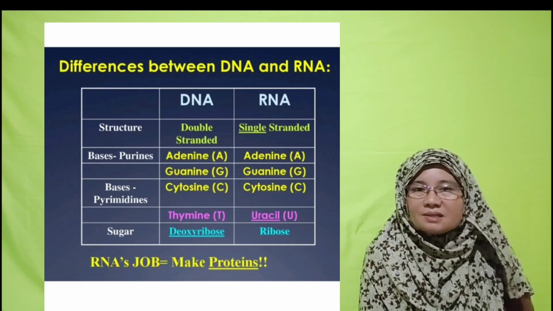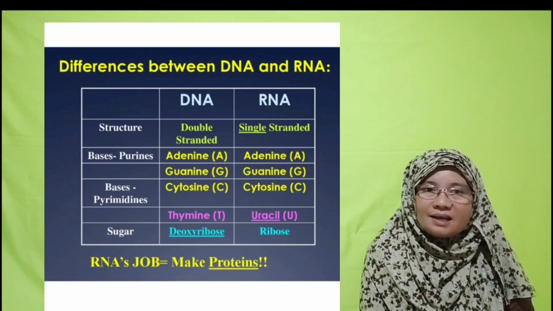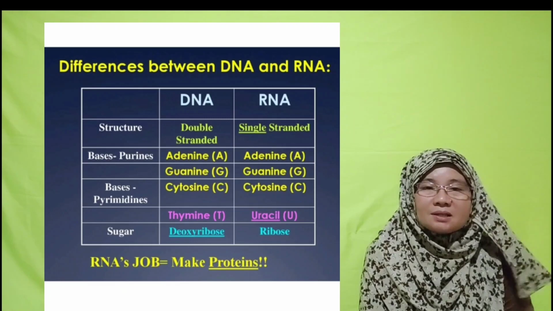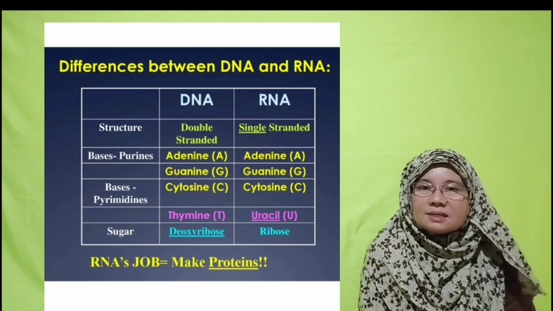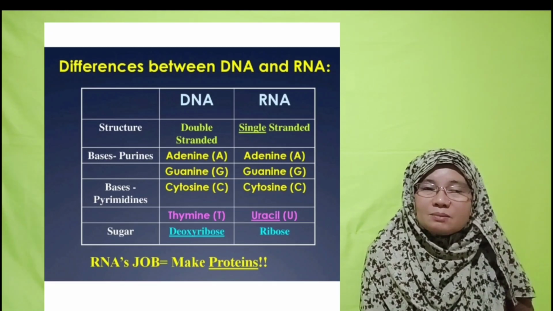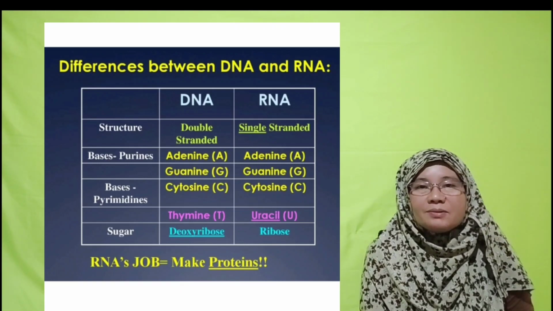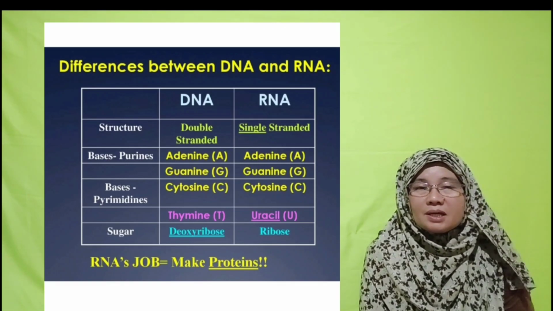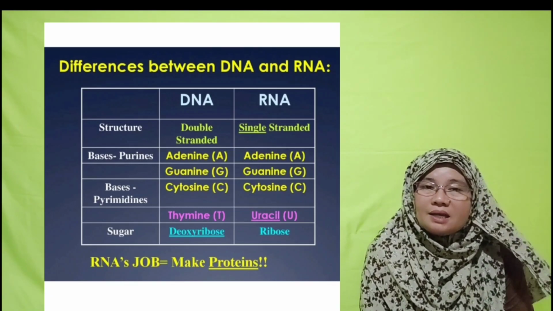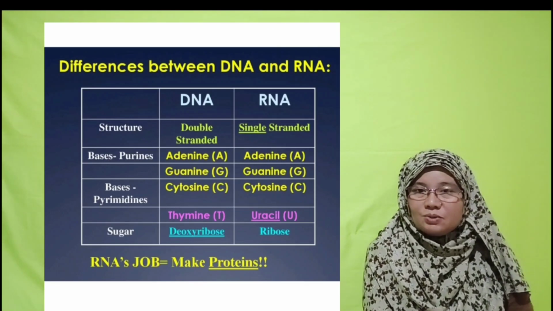The purine bases are the following: adenine, and guanine, represented by capital letter G. Next, cytosine, for both DNA and RNA, represented by capital letter C. And DNA has thymine, represented by capital letter T, and its counterpart in RNA is uracil, represented by capital letter U.